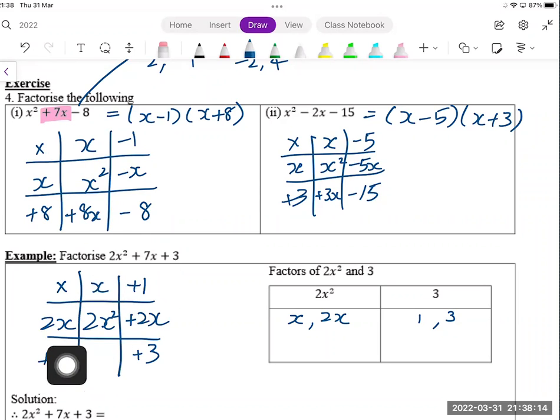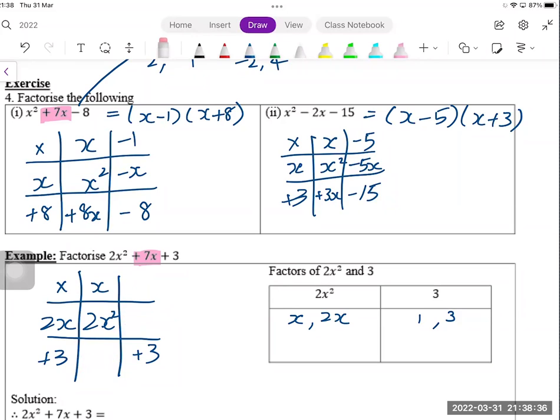Then for this term, +3 times x gives plus 3x. Then you realize, oh no, I'm unable to get plus 7x, which is what I'm looking for, because this one plus this one gives plus 5x. So something is wrong. This is where the positioning does make a difference.